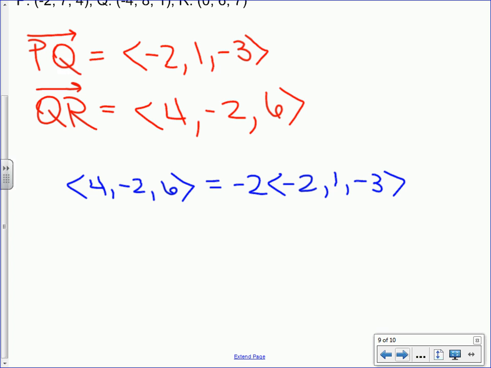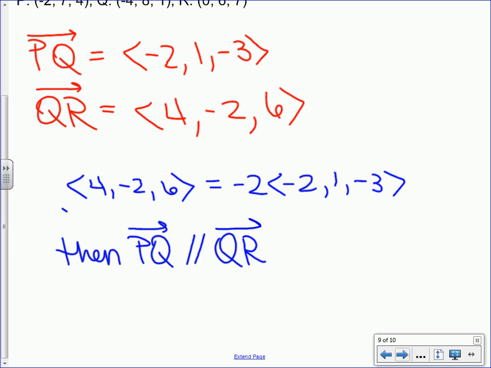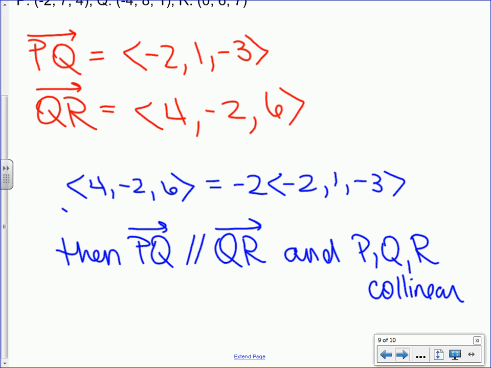So, since QR is a scalar multiple of PQ, then PQ is parallel to QR, and P, Q, and R are collinear. We have two vectors that share a point and they're parallel, so they have to be all together in a line.